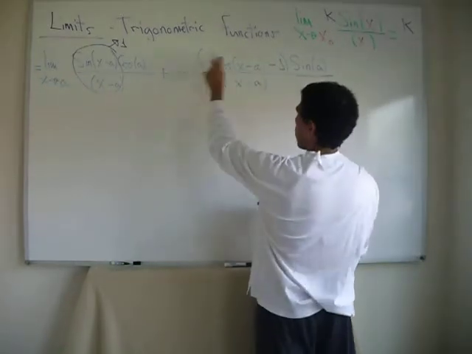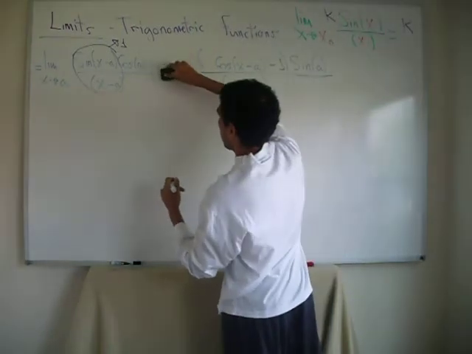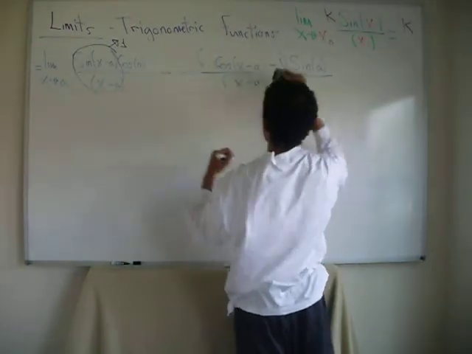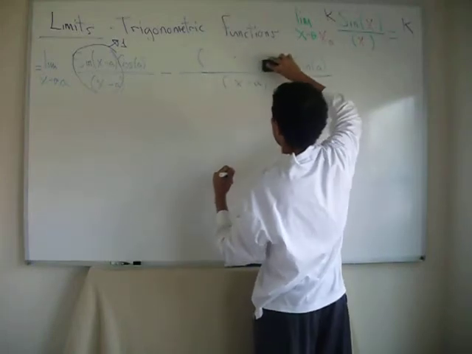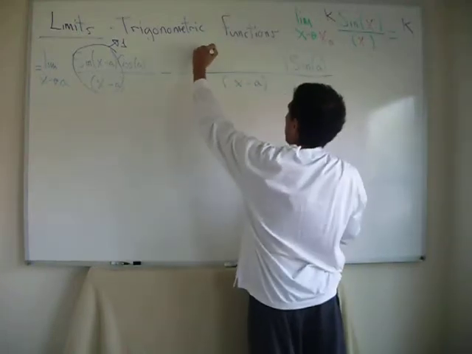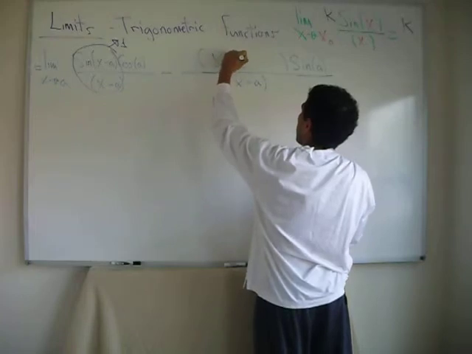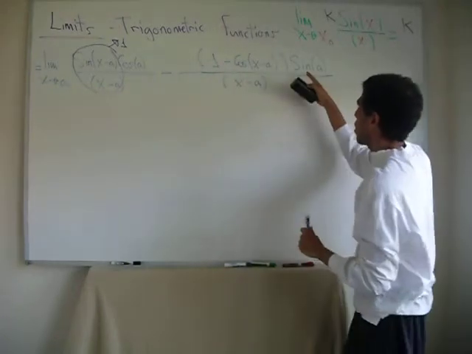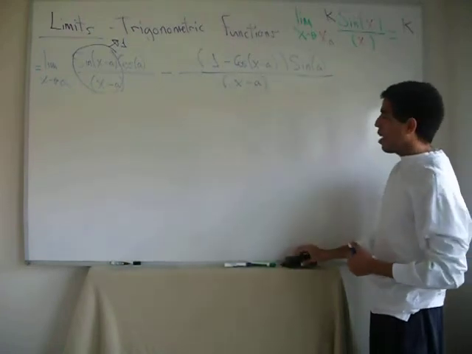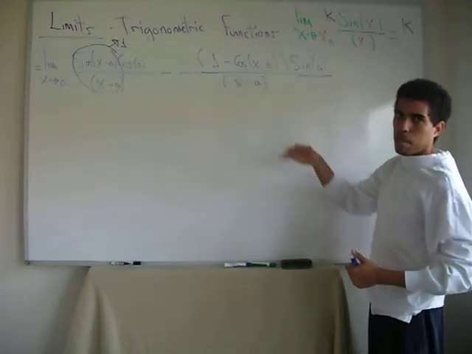So this minus goes out, and minus times plus is minus. So we reverse the order, and it's going to look like this: 1 minus cos of x minus A, with sine of A as a common factor. And now, this looks a little bit more familiar.